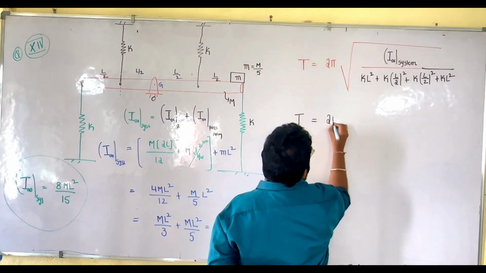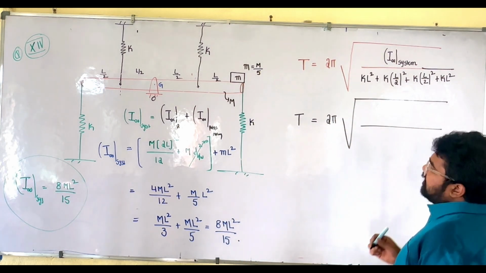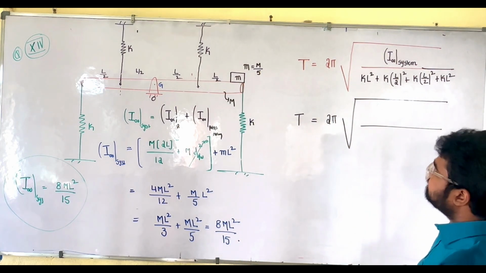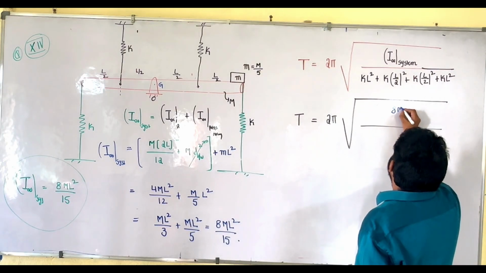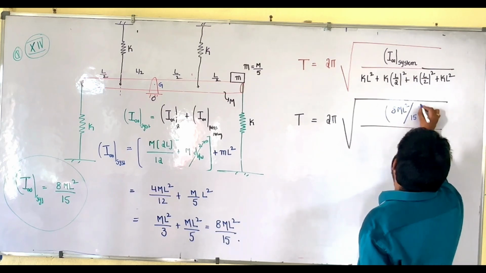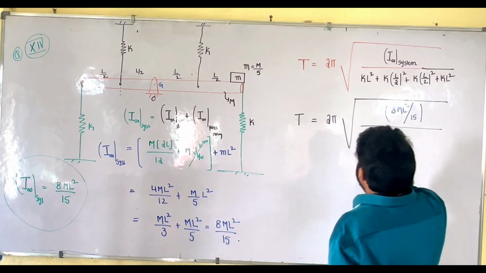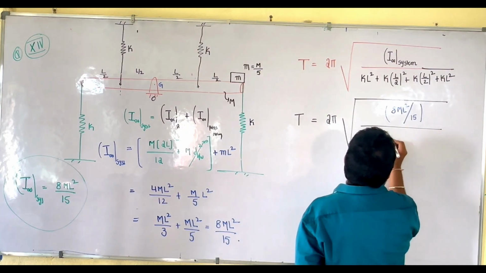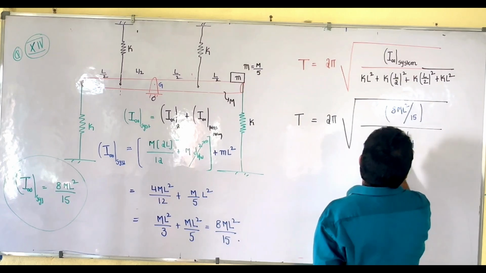Okay, what is the time period of oscillation? T equal to 2 pi square root of I system by denominator. IOO system is 8 ml square by 15. Denominator: 2 times 4, 5, 10, so 10 kl square by 4.